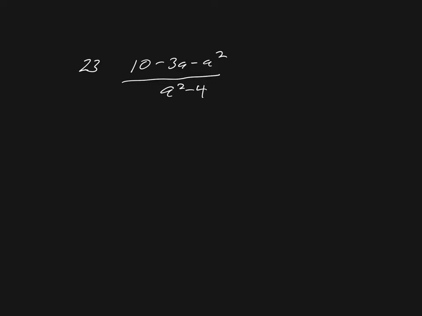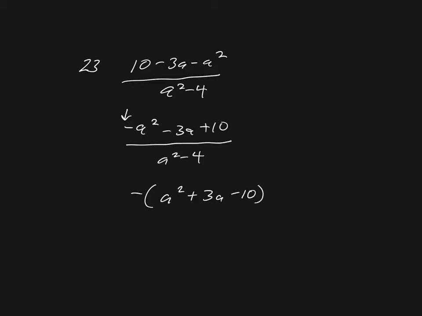So I'm going to have minus a squared minus 3a plus 10 all over a squared minus 4. The reason this is a bonus question is that we don't typically factor these with a minus sign in front, but we can remove that by factoring it out: a squared plus 3a minus 10.